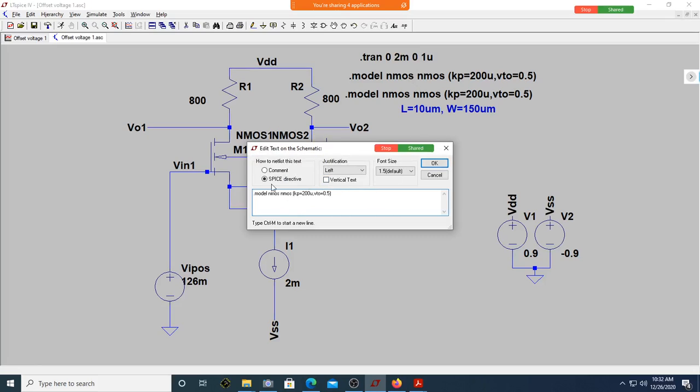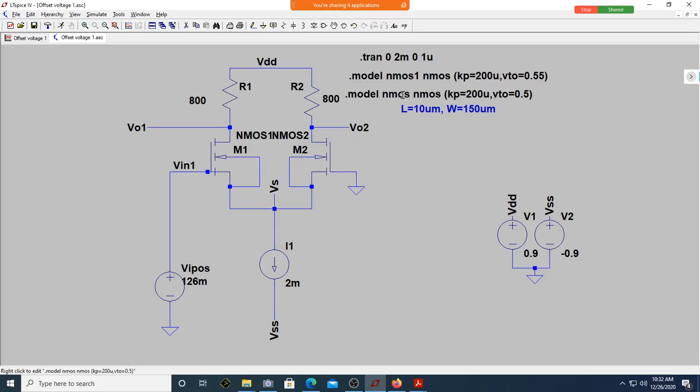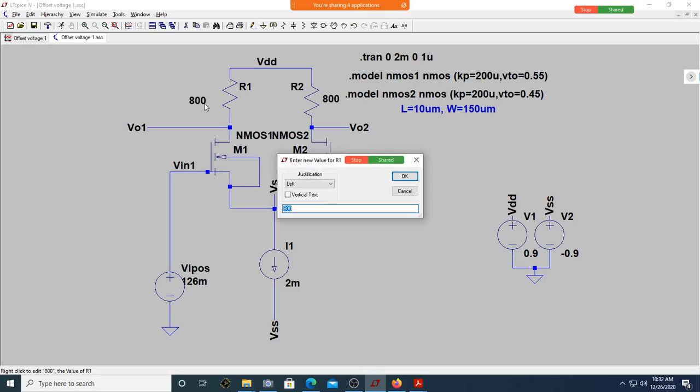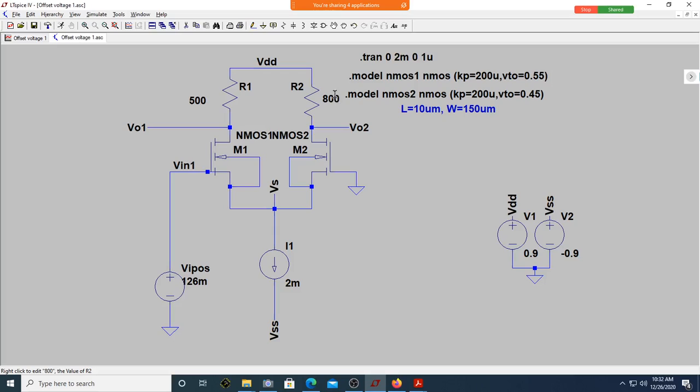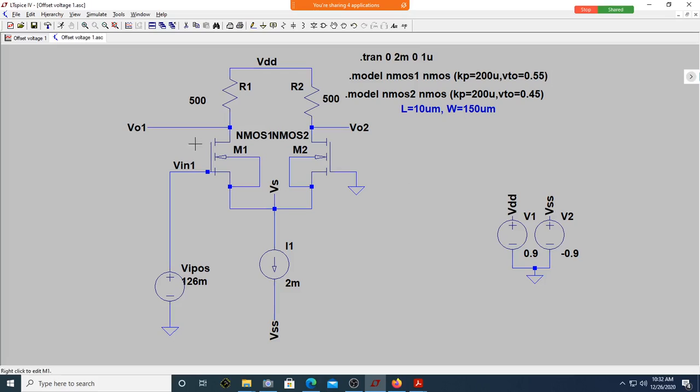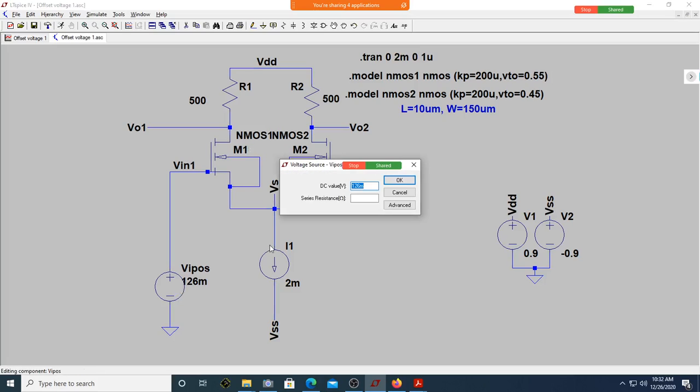What is NMOS 1 VTO? 0.55. How about NMOS 2 VTO? 0.45. Done. W, sorry, this one 500. How about this? 500. And let me make this 0 for the time being.